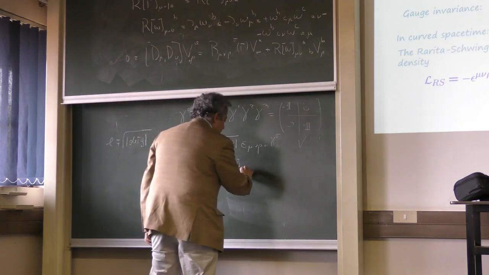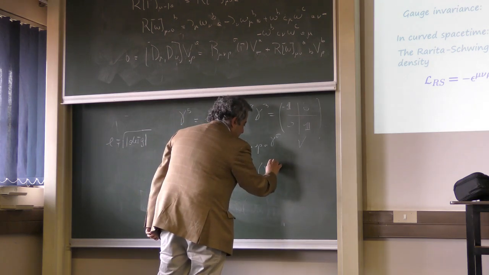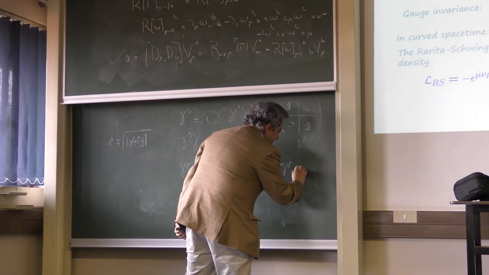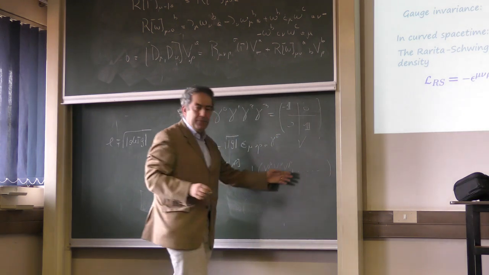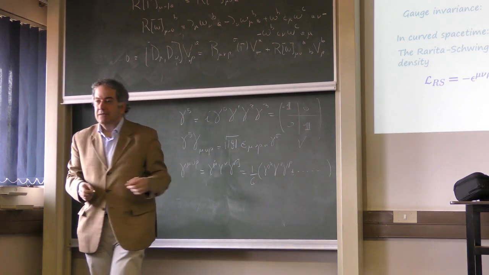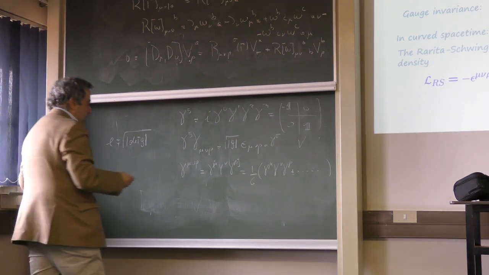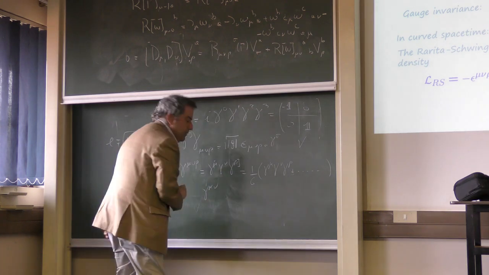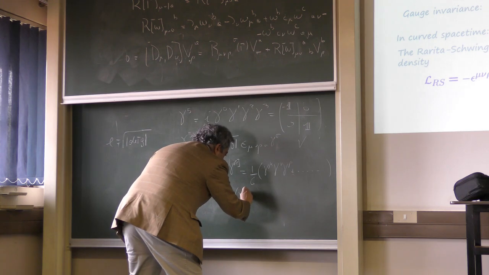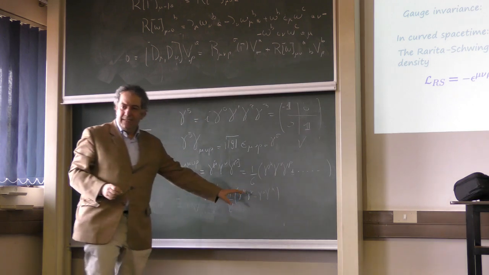So this is equal to 1/6 times gamma mu gamma nu gamma rho, plus all permutations with plus or minus, depending on the sign of the permutation, right? When I write gamma mu nu here, this is 1/2 of gamma mu gamma nu minus gamma nu gamma mu. Yeah, this is the usual.